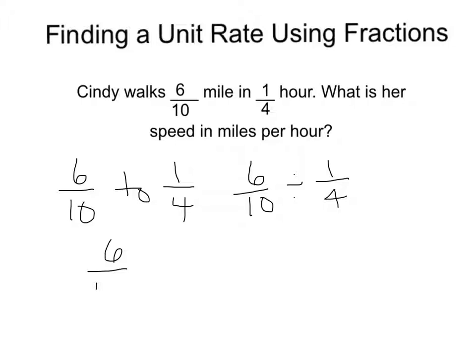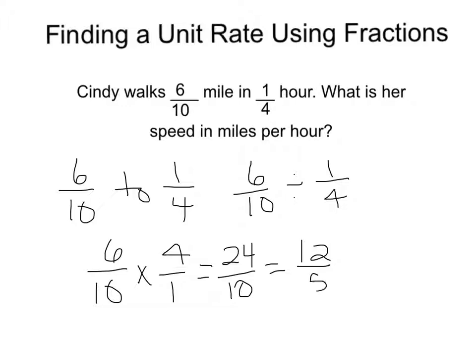So it's going to be 6/10 times 4/1, which gives us 24/10, which simplifies down to 12/5, which becomes 2 2/5. So our unit rate is 2 2/5 miles per hour. So her speed is 2 2/5 miles per hour.